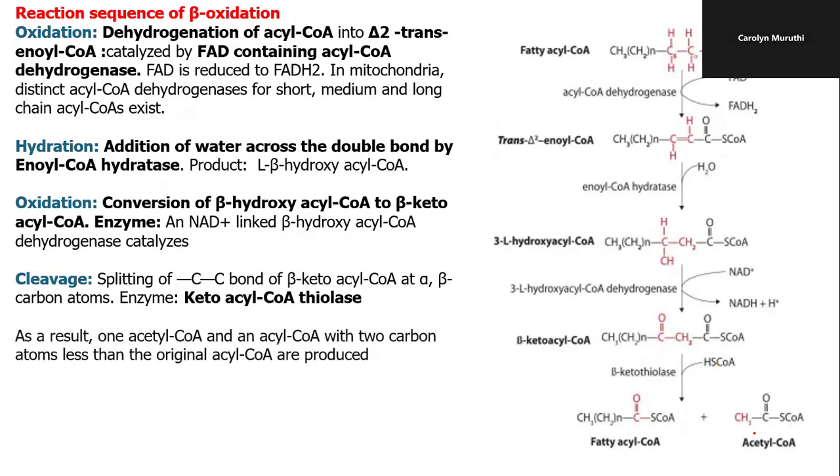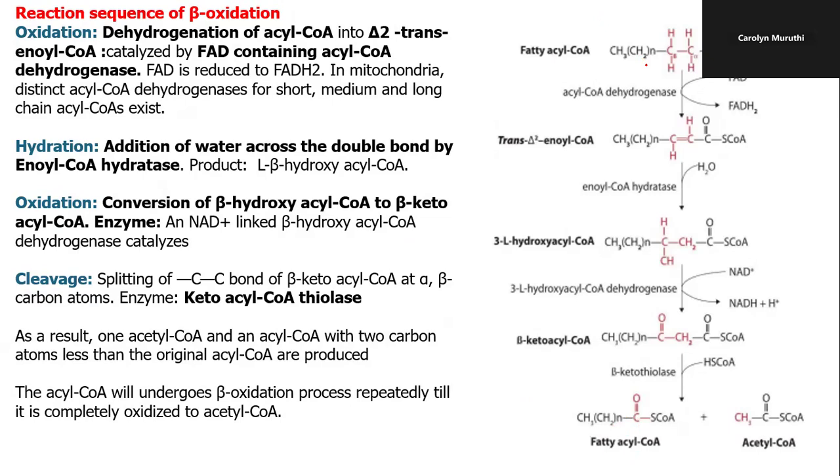The shortened fatty acyl-CoA will re-enter the cycle repeatedly until the entire fatty acid is converted to acetyl-CoA. So the fatty acyl-CoA will undergo beta oxidation until it is completely oxidized to acetyl-CoA.